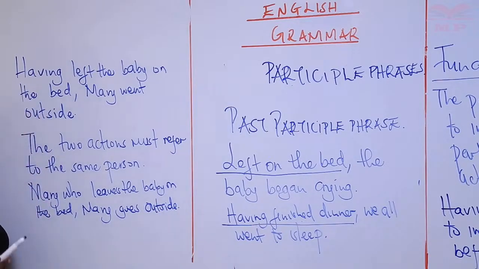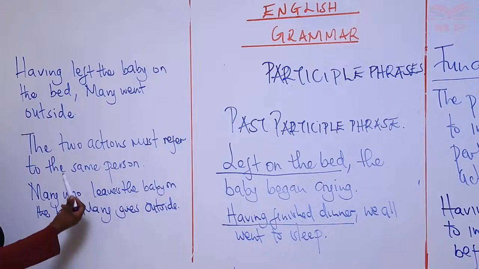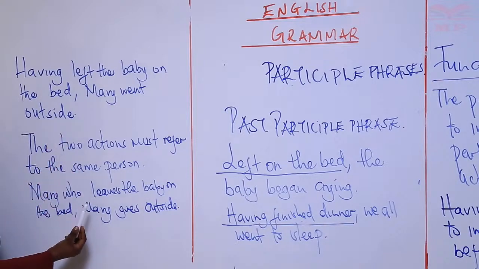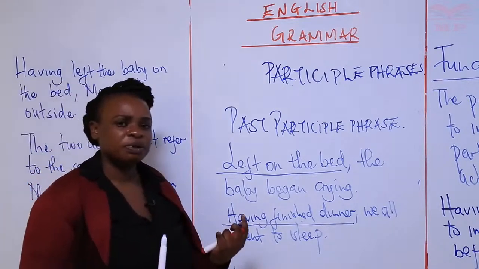So why say that the two actions must refer to the same person? This is to help us avoid the idea of dangling participle phrases. When you ensure that the two actions refer to the same person, it also helps us to avoid ambiguity. What are dangling participle phrases?